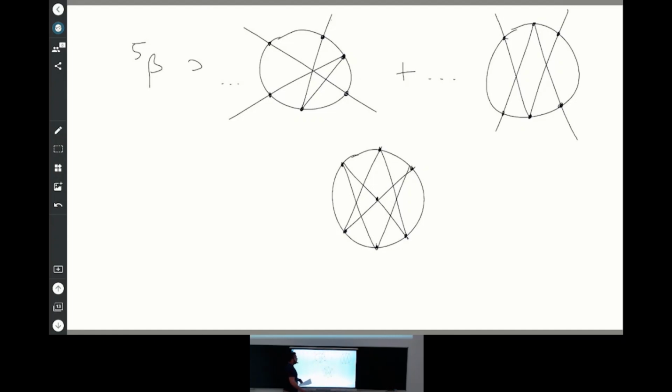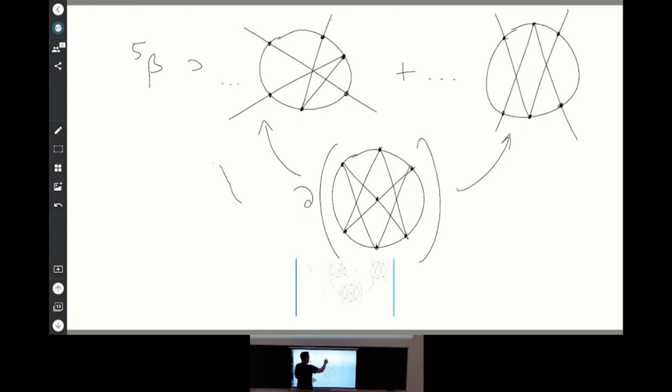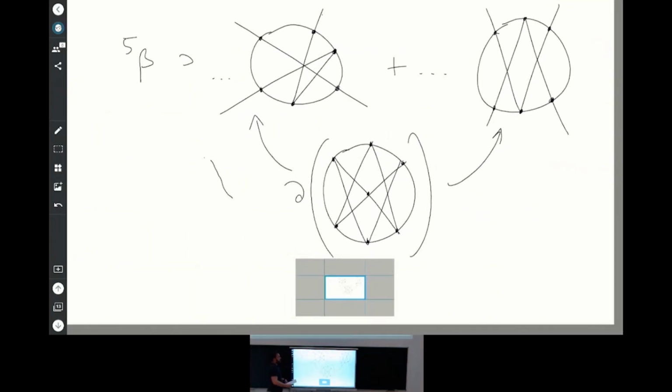So this diagram, when you take a derivative of it, it will give you either this one. When you hit the vertex in the middle, for example, this will open up and look like this. When you hit a vertex, so these 3 vertices are equivalent, these 4 are equivalent, hit one of these, you'll get something that looks like this. And there is no metric that can save you. So you have one coefficient to accommodate 2 diagrams. So essentially, these 2 diagrams have to have the same coefficient, and in fact, they do.